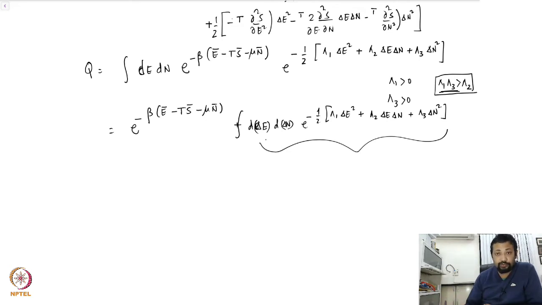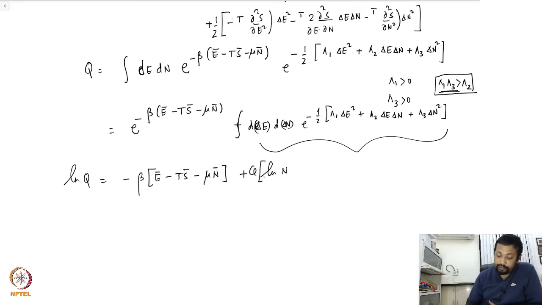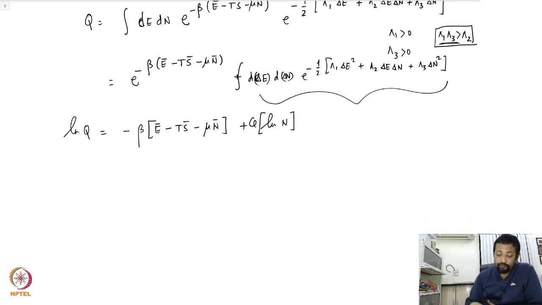If you take a log, in contrast, this gives you minus beta E bar minus T S bar minus mu N bar plus log of n. We will write this as order of log of n, whereas this quantity is of the order of n, because all of them are extensive quantities, and in the thermodynamic limit I can drop this term. This term does not win compared to the first term.